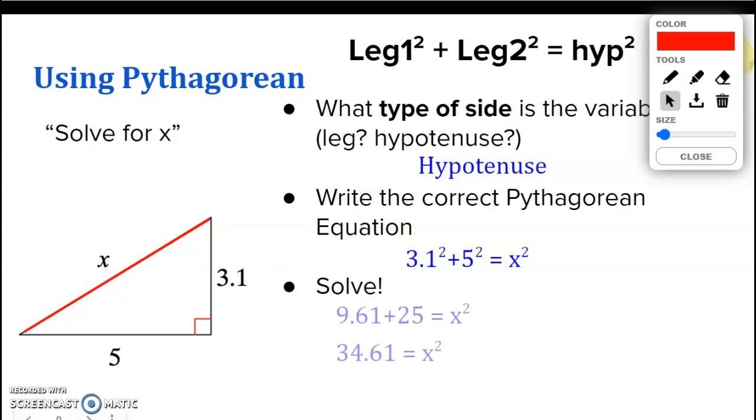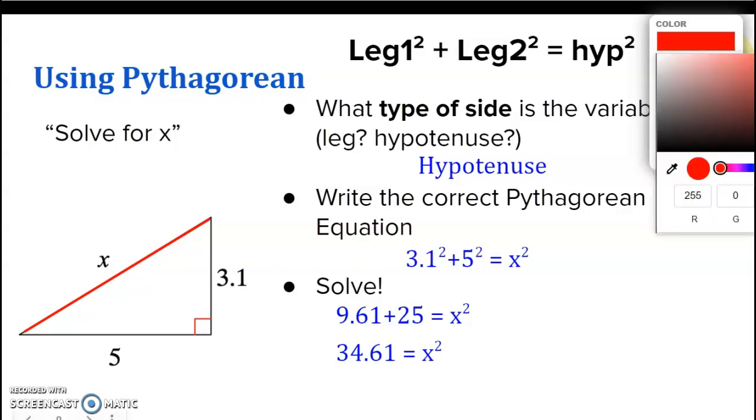And then from here, I just need to solve. Remember I do exponents before addition and subtraction. 3.1 squared is 9.61 plus 5 squared is 25. So when I add these two together, the left-hand side simplifies to 34.61 is equal to x squared. And then from here, I use my calculator.